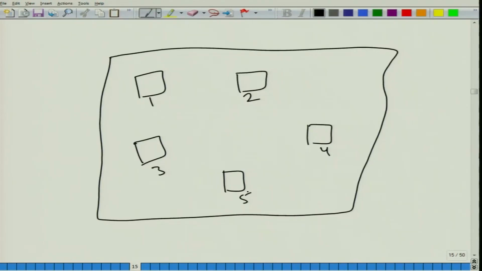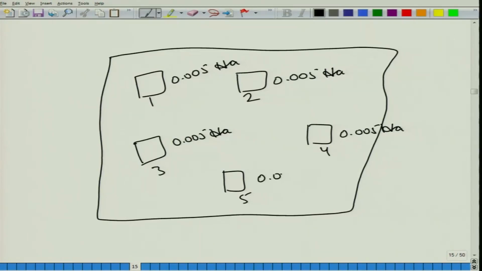Each sample plot has an area of 0.005 hectares, so each sample plot has the same area. Now, the first sample plot has only 4 trees, the second sample plot has 5 trees and the other 3 sample plots have 4 trees each.